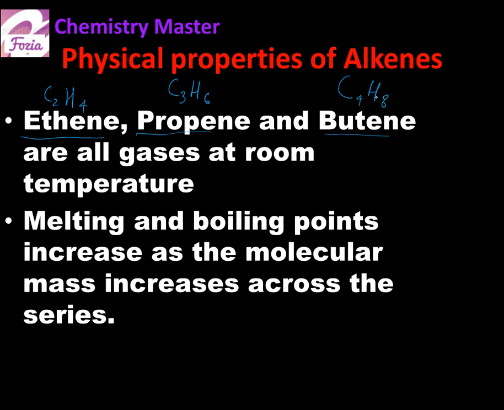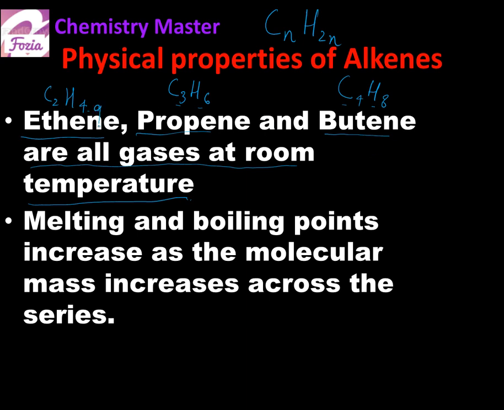Because I remember that however many carbons there are, hydrogen will be exactly 2 times the carbons. So if carbon is 2, hydrogen is 4. If carbon is 3, hydrogen is 6. If carbon is 4, hydrogen is 8. And these are all gases at room temperature. So these are the gases. So you will be writing G with them.